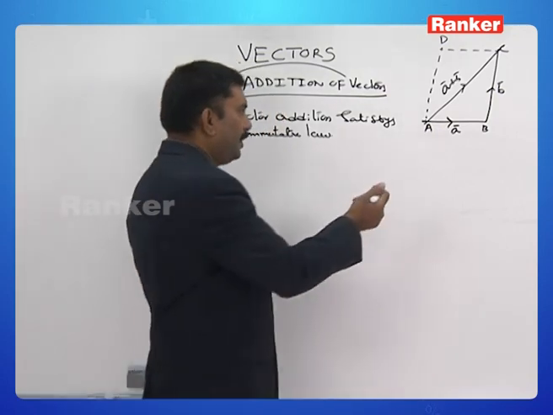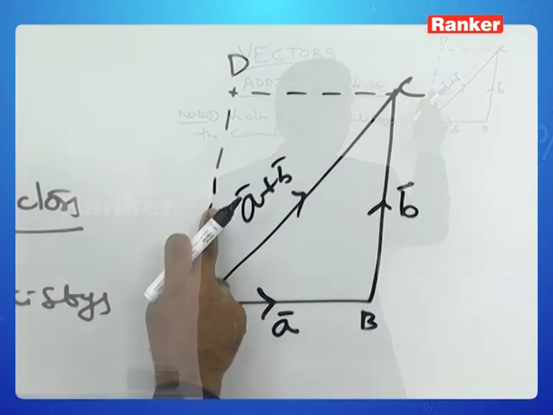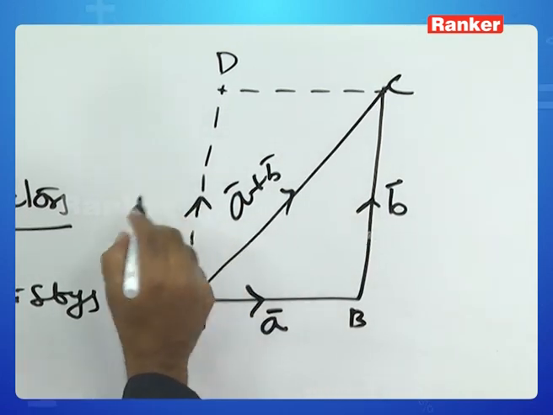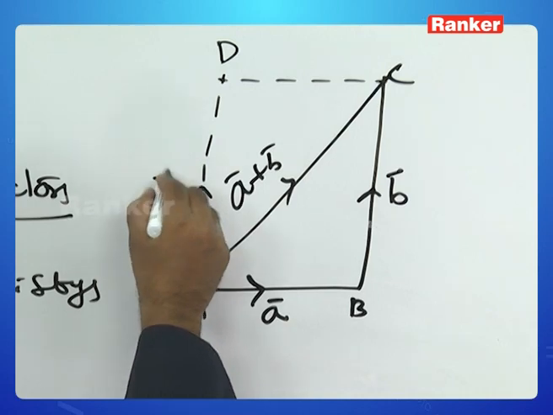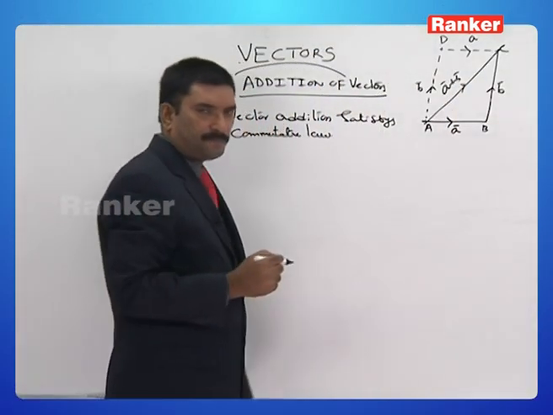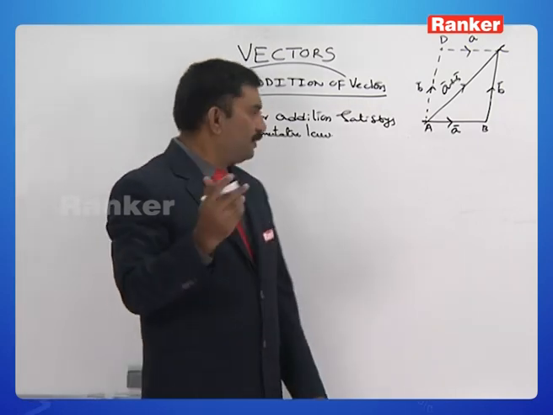So therefore, now I take these 2 sides are parallel, means what? Equal. Therefore, you can call them equal vectors having the same direction. These 2 are parallel. I can take A bar. You know that is the law.